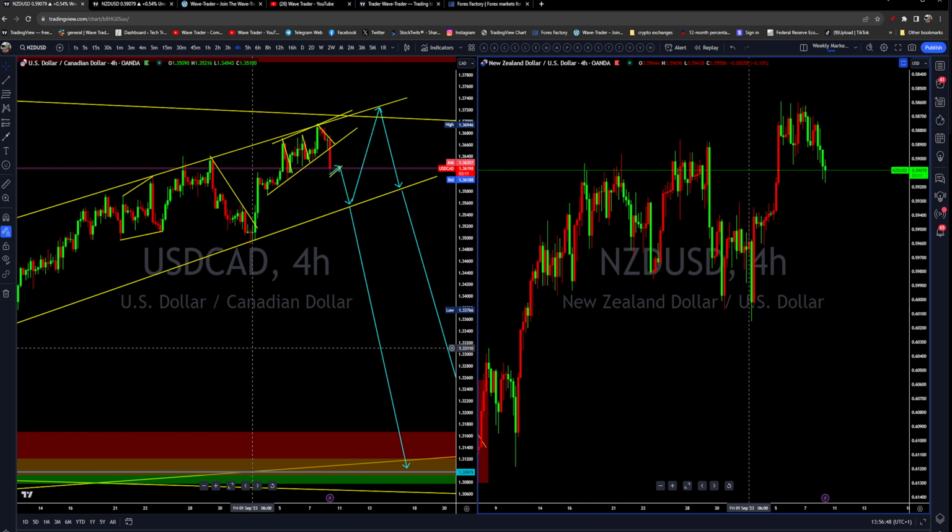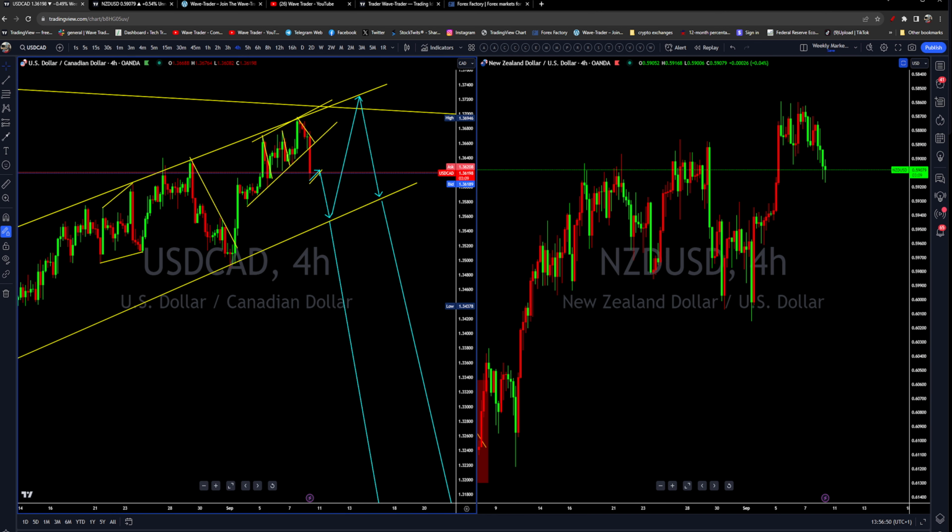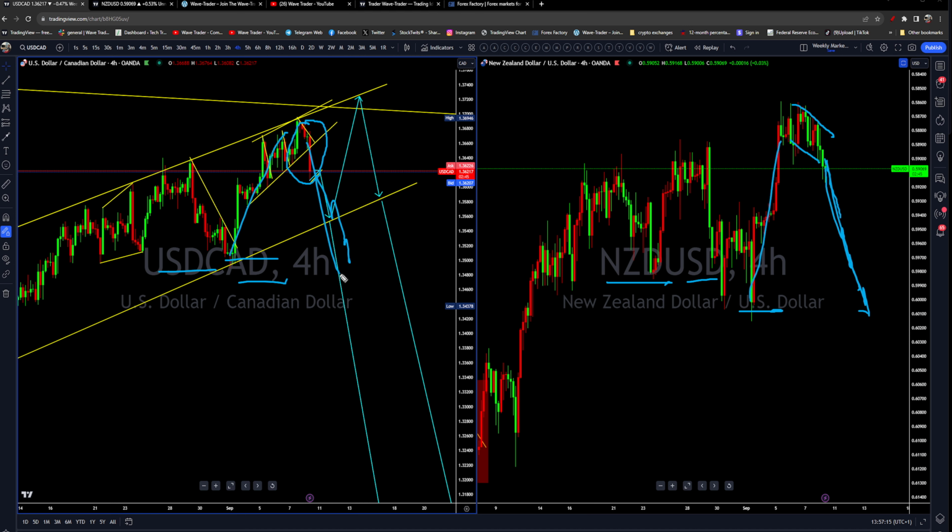So the previous move we have seen, that's the previous move, and some strength came over there on New Zealand dollar, and we are having some weakness on the dollar against the CAD here too. So CAD is gaining some strength. So we expect the New Zealand dollar, Kiwi, to keep rising against the dollar, and the dollar to keep falling against the CAD.